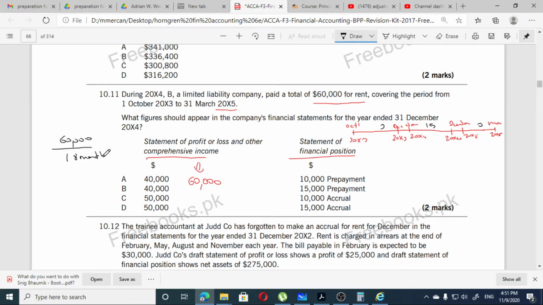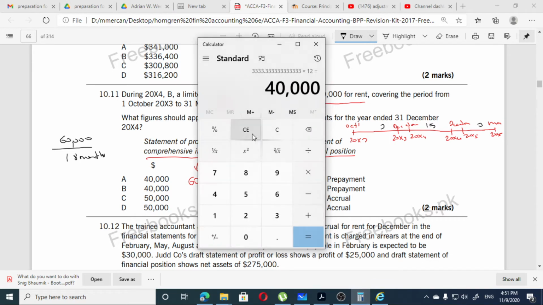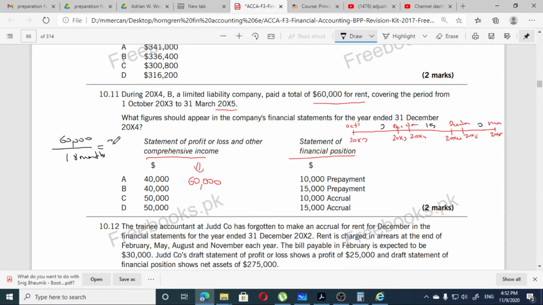So $60,000 over 18 months, each month is about $3,333.